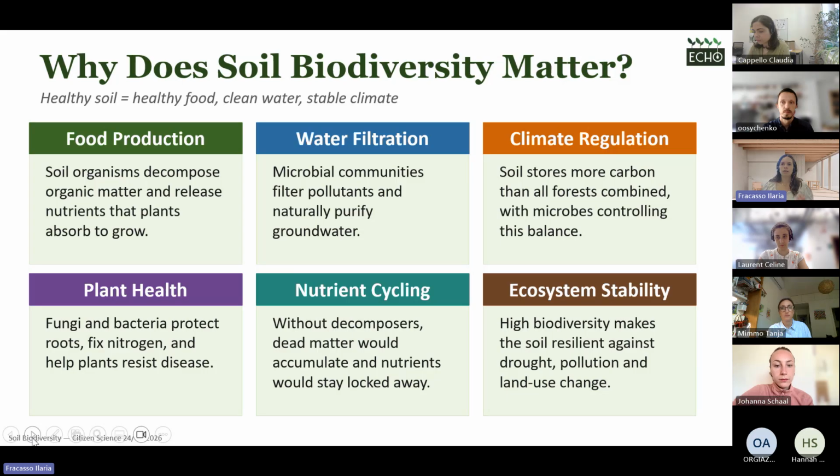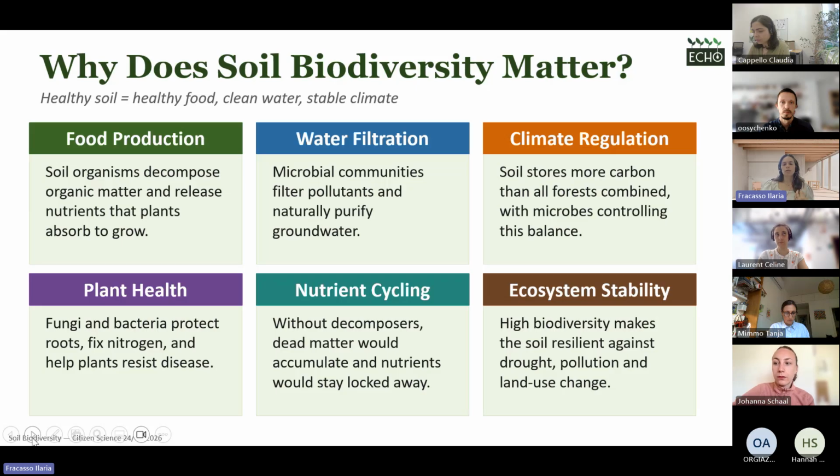The real actors able to perform all these functions are the organisms in soil, because they are able to cycle nutrients, filter pollutants from groundwater, and regulate the storage and release of carbon in soil under different climatic scenarios. So that's why organisms are important.